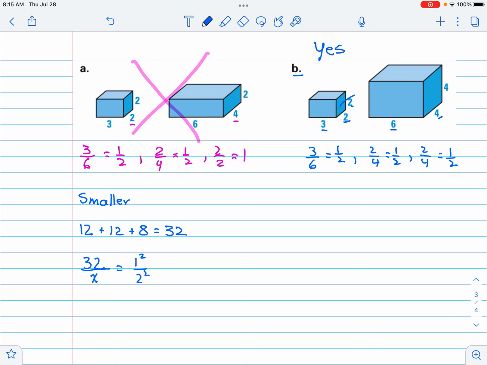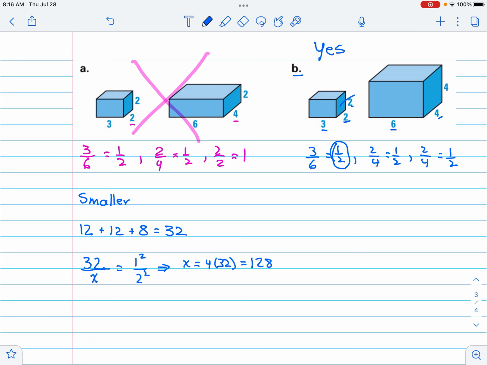See, the ratio here was 1 to 2. So the ratio of our surface areas is going to be 1 squared over 2 squared. So if you solve for X, you get X equals 4 times 32, and that is going to be 128.